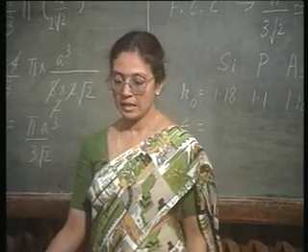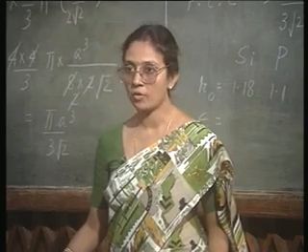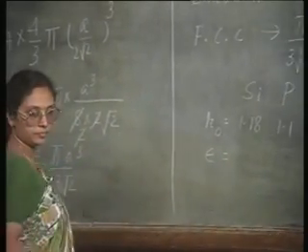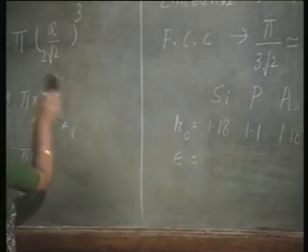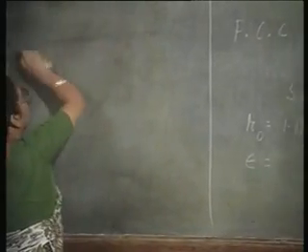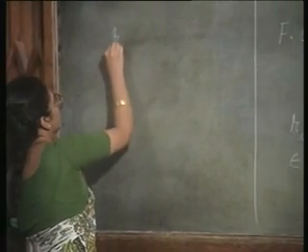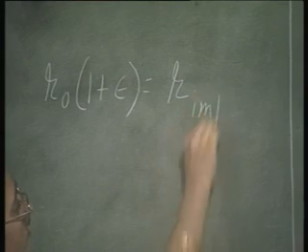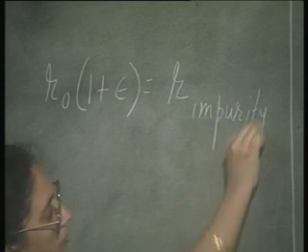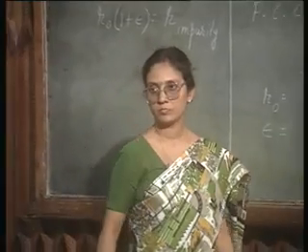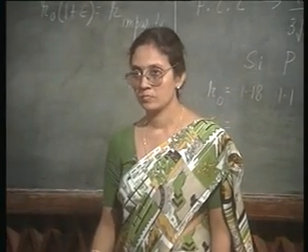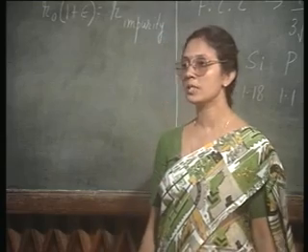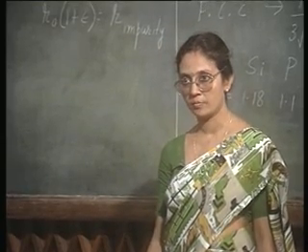We define the tetrahedral radius of the impurity atom as R_impurity = R_0 (1 + epsilon). R_0 is the tetrahedral radius of silicon, epsilon is the misfit factor, and R_impurity is the tetrahedral radius of the impurity atom.